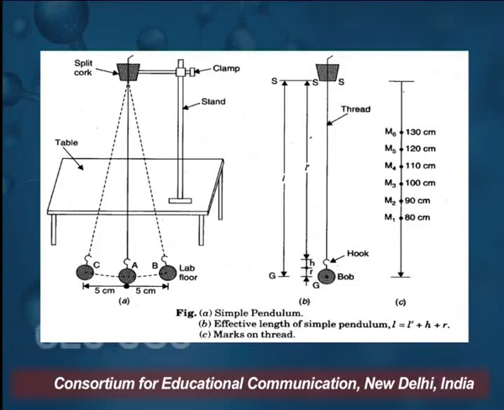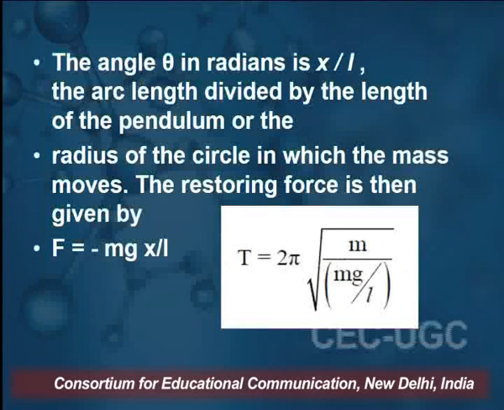Then its position changes as A, B, C. A is the equilibrium position, and then it moves to the right hand side and left hand side. That is the to and fro motion. You can measure the length of this string by using a scale. So this is the schematic diagram we use in the laboratories.